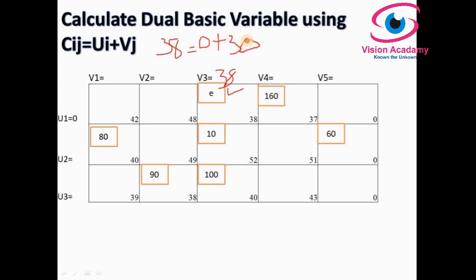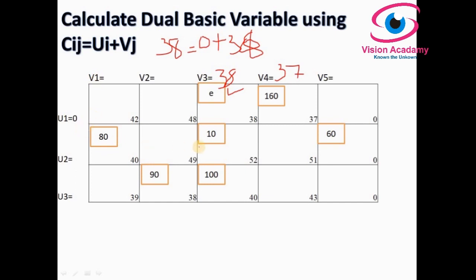So 0 plus 38, 38 equal to 38. In this way I will also proceed for further. So look at this allocation. Cij is 37, u1 is 0 and v4 must be 37. So after this you cannot find to this unallocated cell because you don't have u2 value, v1 value.